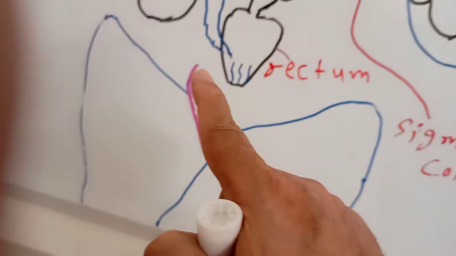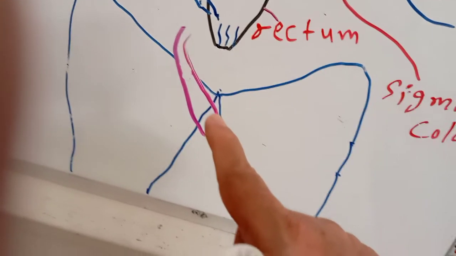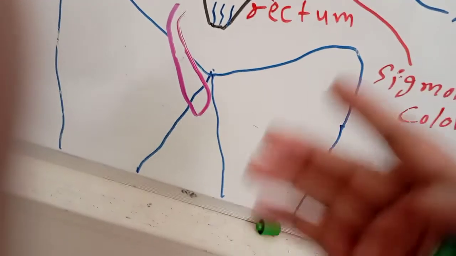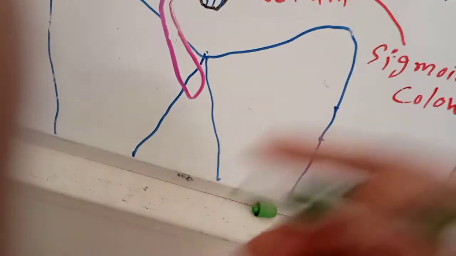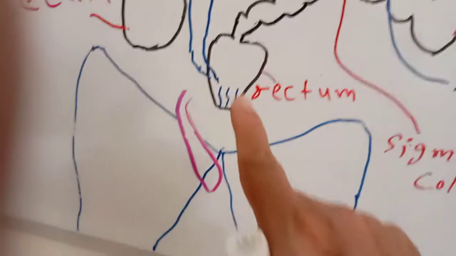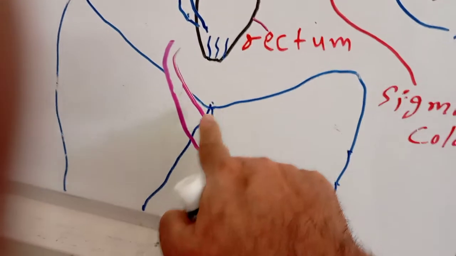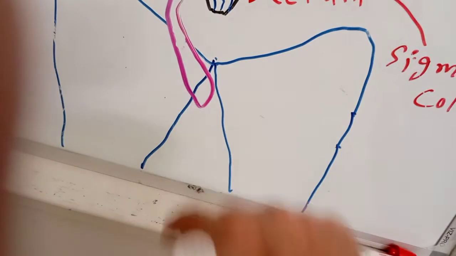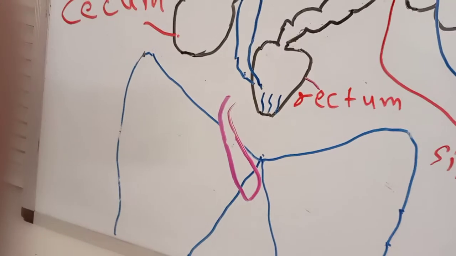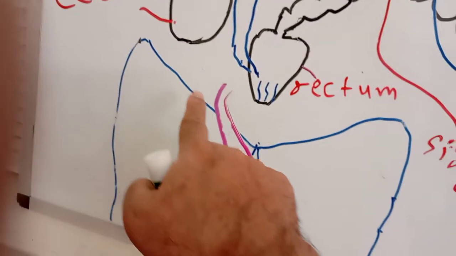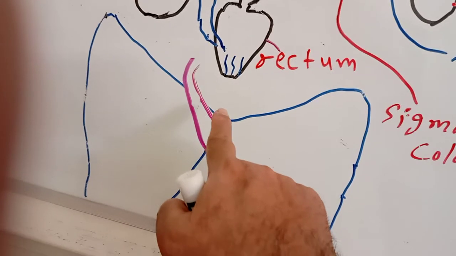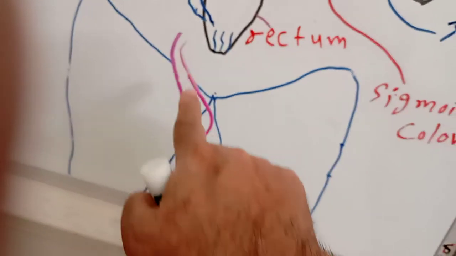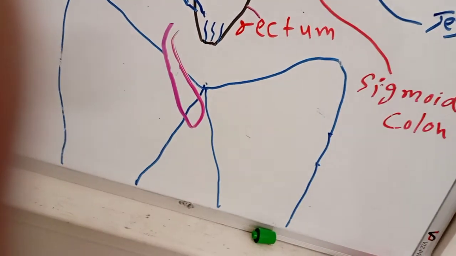This is part of the small intestine, but it could be large intestine or anything. It will pass through the inguinal canal and go towards the genital area. This is known as inguinal hernia. This area is known as the groin. So a hernia in this area is known as inguinal hernia.